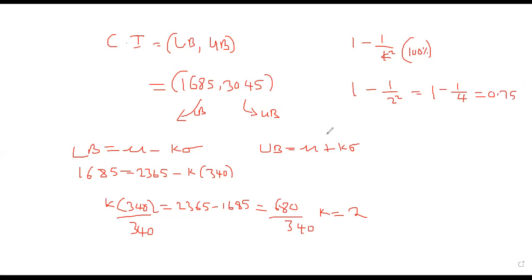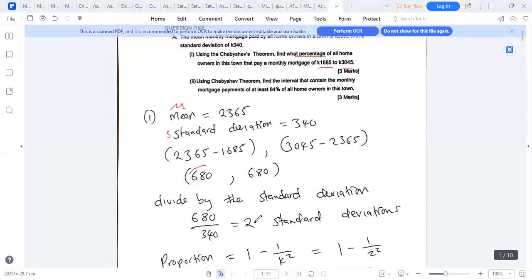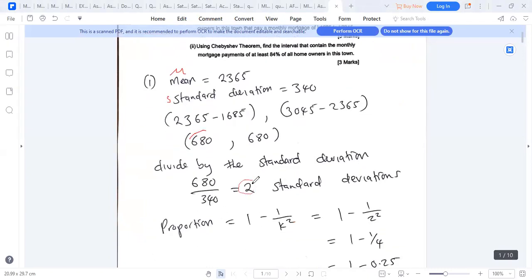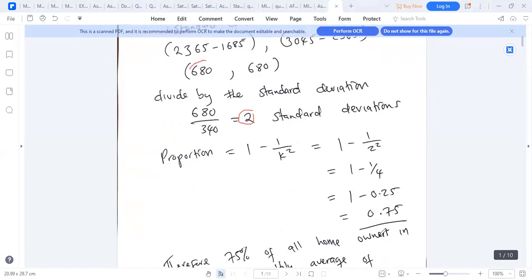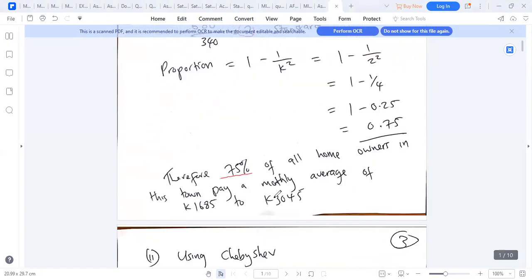So this simply means that 75% of the data will lie between that confidence interval. All right, so whether you use the lower bound or the upper bound, you're going to get our K as 2, and the 2 represents that 75% of all homeowners in this town will pay monthly mortgage of $1685 to $3045. That is using the Chebyshev rule.